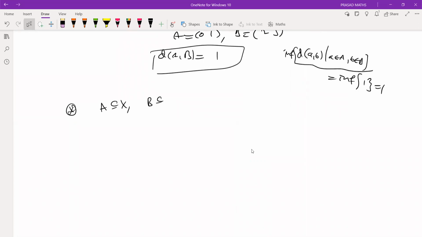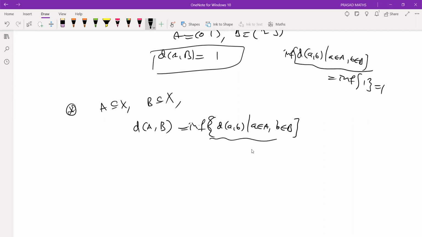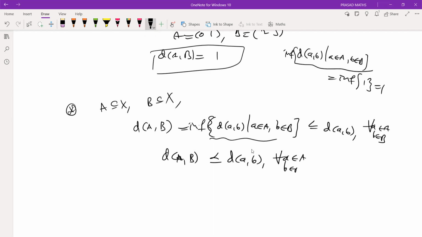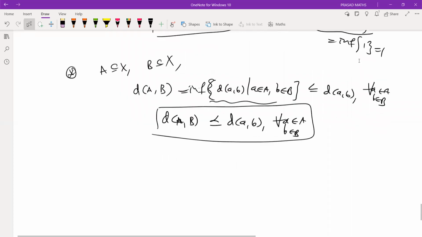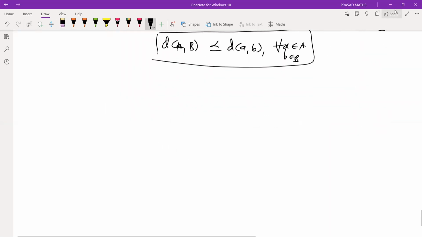The distance between A and B is nothing but the infimum of all possible distances d(a, b) such that a belongs to A, b belongs to B. Therefore, it is the greatest lower bound for the set, so it is always less than or equal to d(a, b) for every a in A, b in B, by the lower bound property. Is it clear?